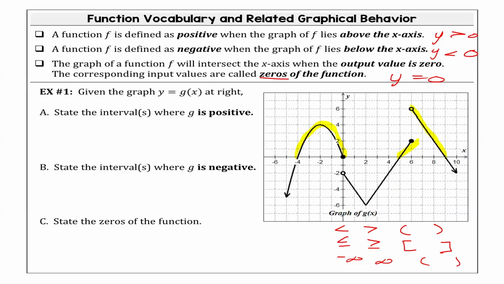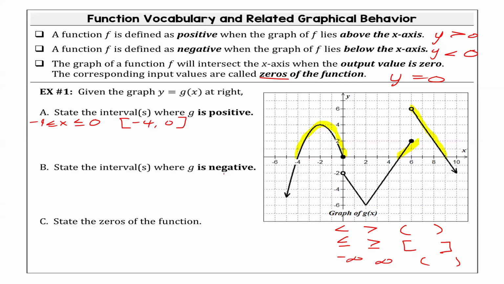So my positive intervals: we read graphs from left to right. We're positive from -4 up until 0. Do we see that? So from -4 to 0, that's an inequality, or we write it from -4 to 0.